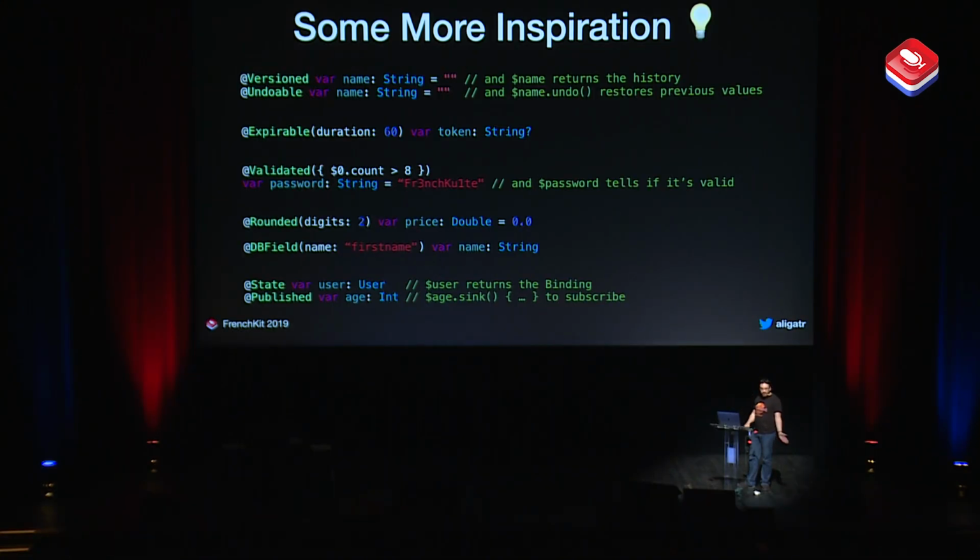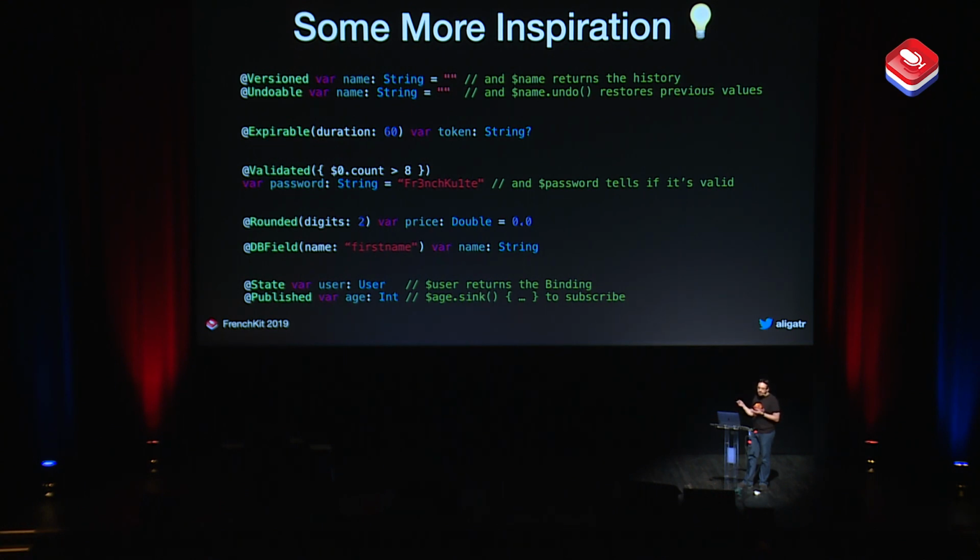So there are plenty of things that we can imagine from there. I only gave you 2 examples in the previous slide with different implementation, but without going into details, I have some homework for you. So be sure to launch a playground and try with all those ideas. Some of those ideas might be about creating a versioned or undoable property.